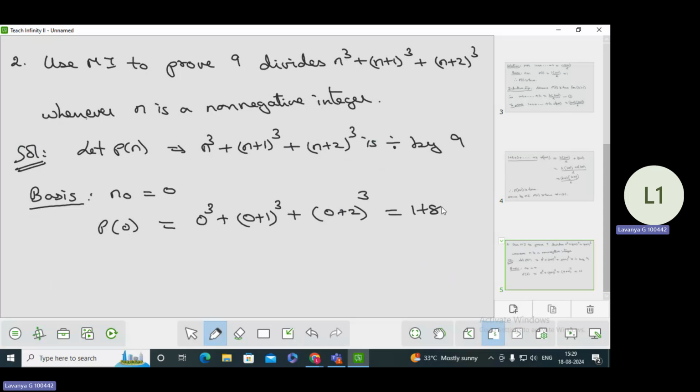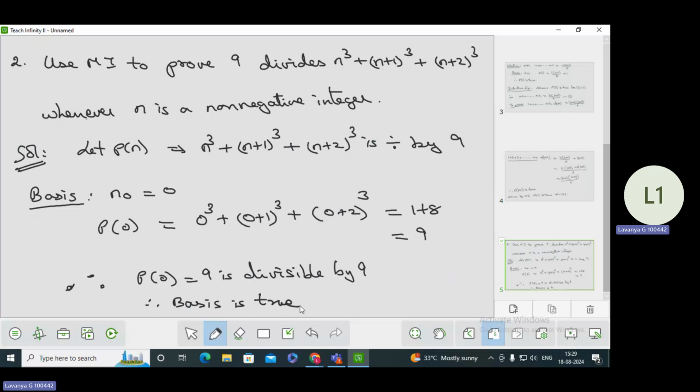So this is going to be 1 plus 8, which is equal to 9. Therefore, we can easily see P of 0, which is 9, is divisible by 9. Therefore, basis is true. I have proved that the basis is true.